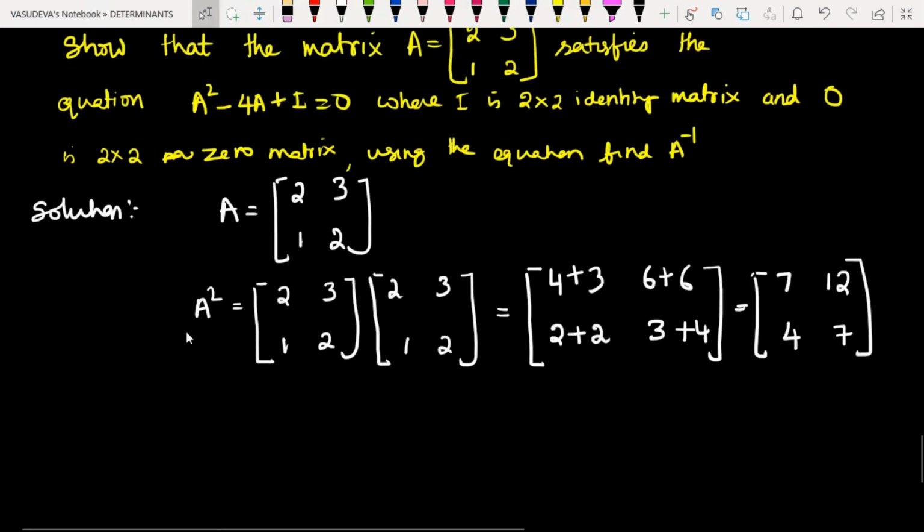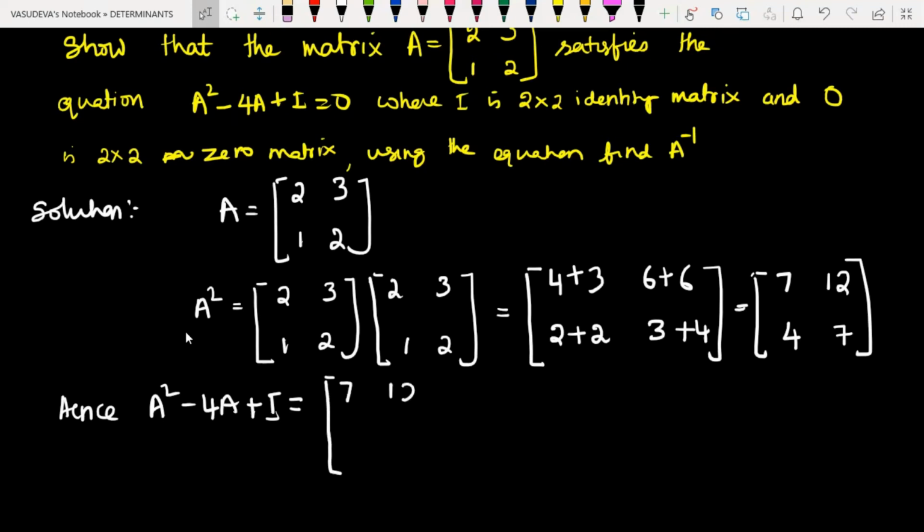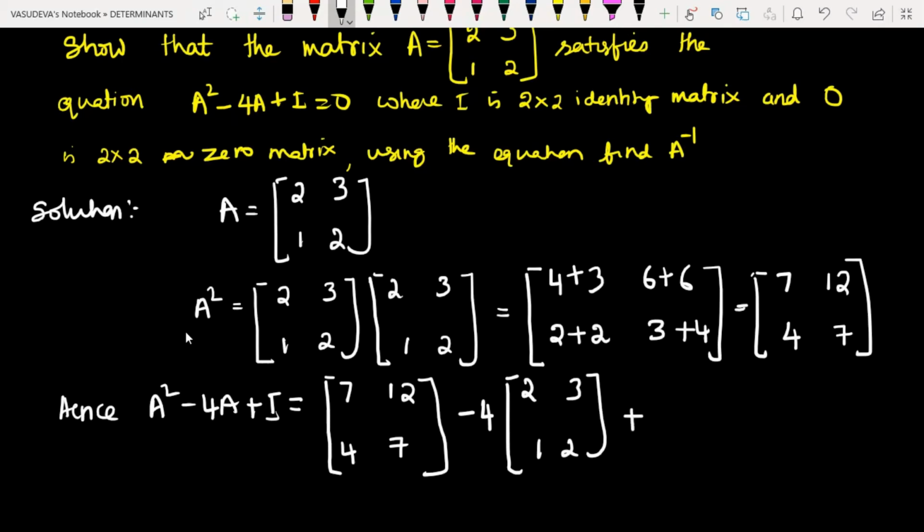Now consider A square minus 4A plus I, we have to show that it is equal to the 0 matrix. So A square we have 7, 12, 4, 7 minus 4 into matrix A 2, 3, 1, 2 plus matrix 1, 0, 0, 1.